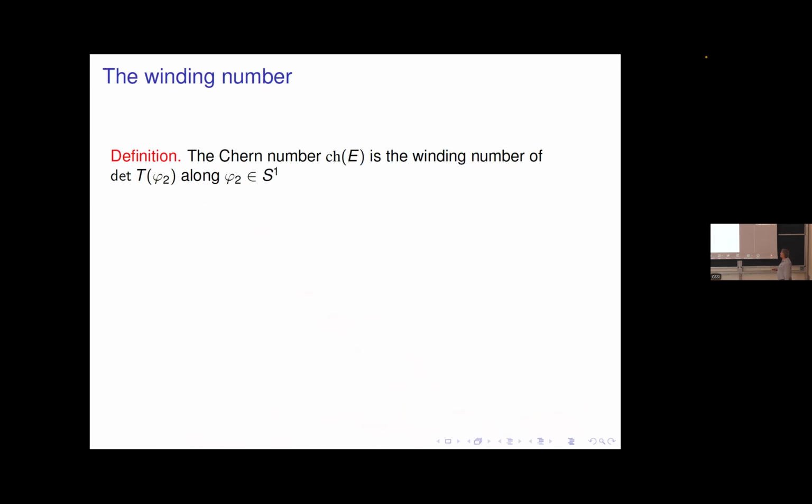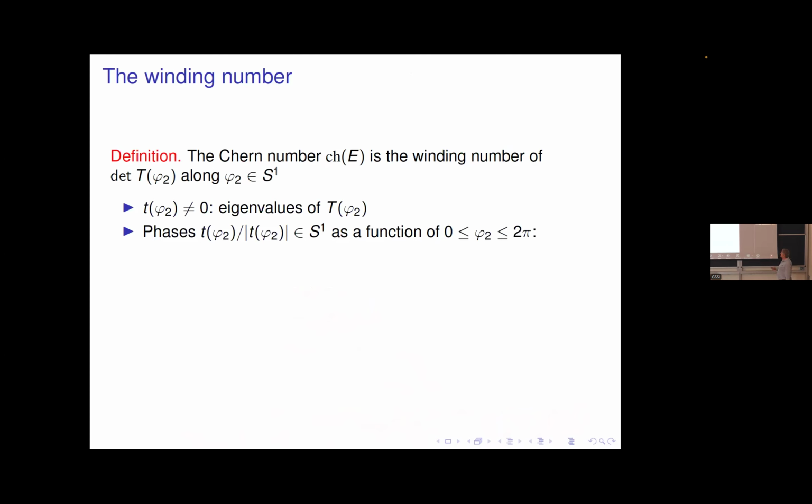Okay, and then the picture that comes with it is that you can look at the eigenvalues, little t of phi 2, for any such transition matrix, capital T of phi 2.